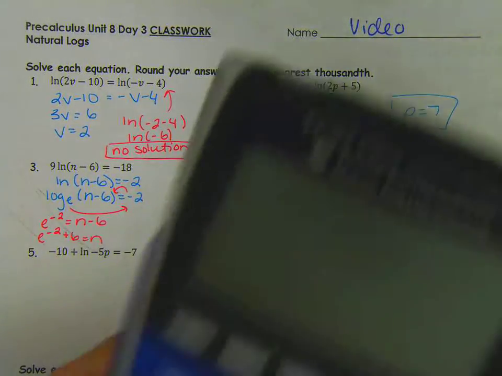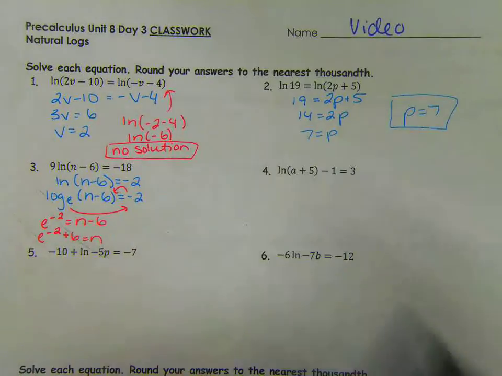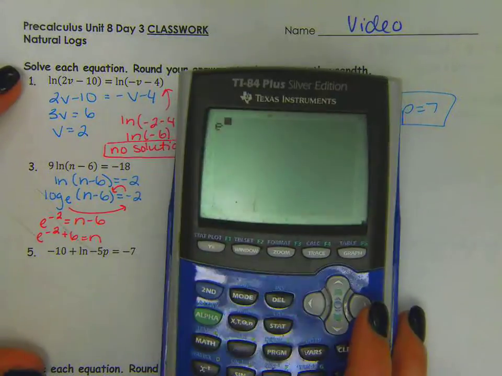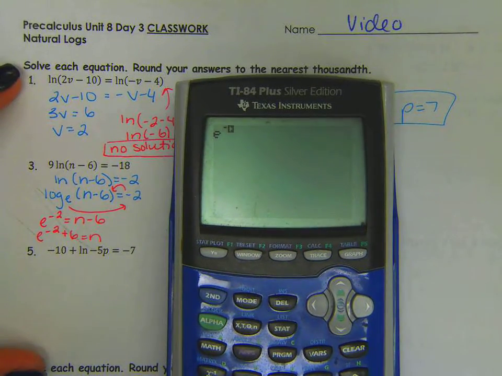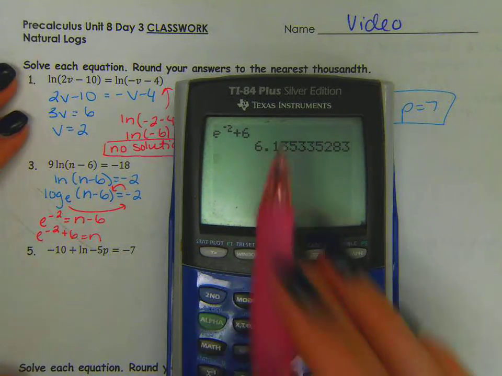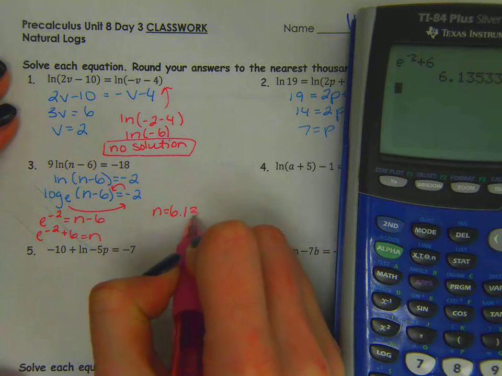The e button is above the natural log button, as we can see right here. So I'd hit second natural log, brings me to the e, plug in negative 2, and then tab out, add 6, and I get the decimal answer, 6.13 rounded to the nearest thousandths, 5. And so n equals 6.135.